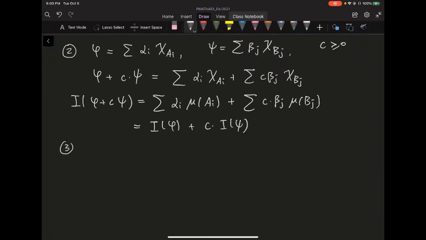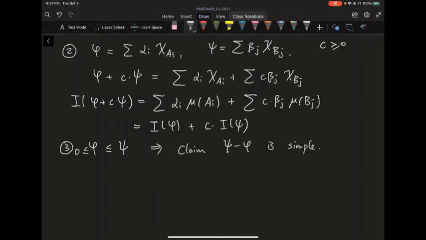And finally, to show monotonicity, suppose phi is less than or equal to psi, and remember we're only dealing with non-negative functions. Then I claim that if I take their difference, psi minus phi, it is also simple.